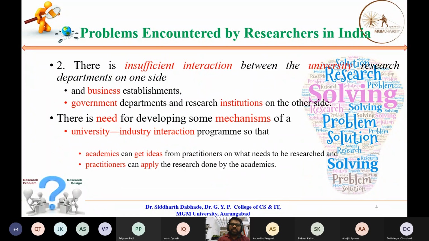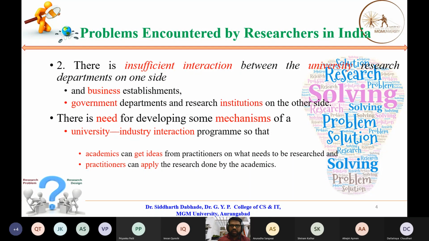The second point is that there is insufficient interaction between university departments. You know that in most cases there is a quarrel between department and department, and university and university. Because of that, there is no proper interaction, and those people are not up to date.